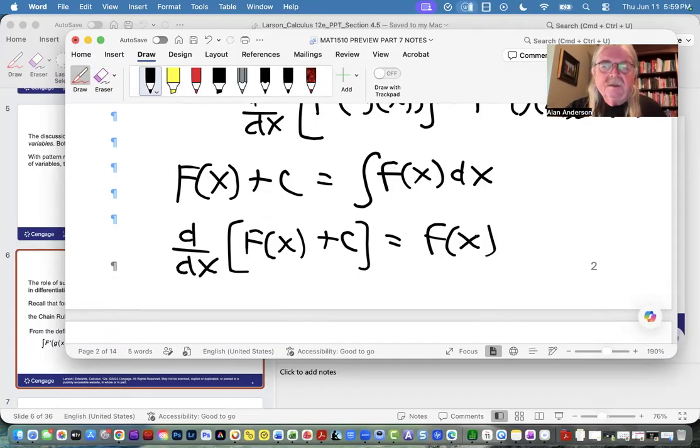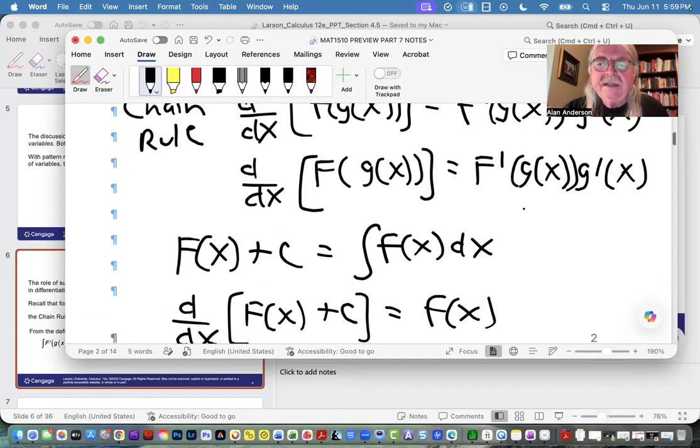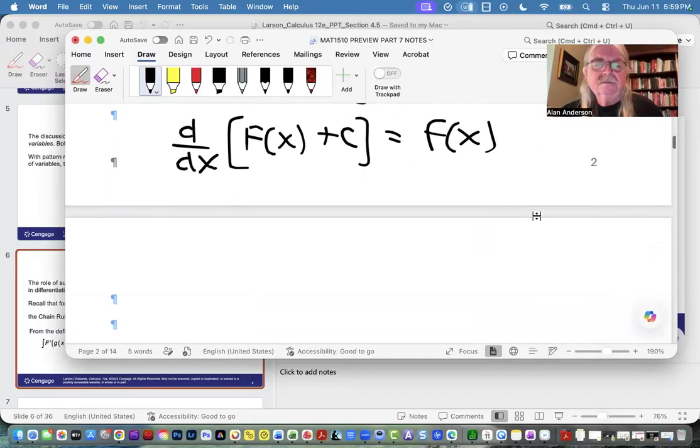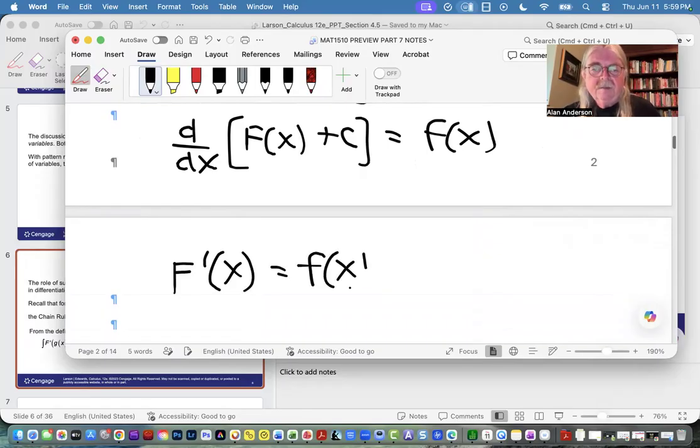Okay, so that being the case, f prime of x, capital F, that is the same thing as the original function. Because what this notation means is that you're integrating and then differentiating the same function. And that brings us back to the original function.